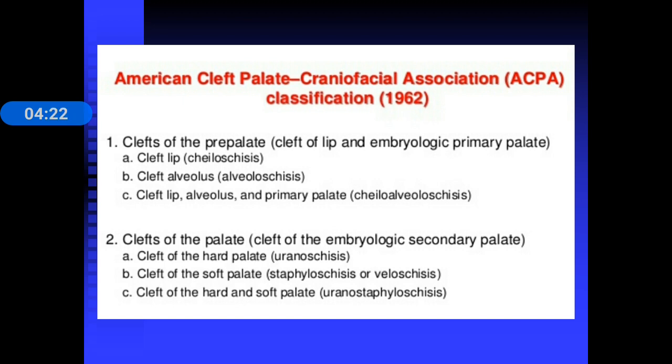Under the prepalate you had cleft lip, also known as cheiloschisis, cleft alveolus, alveoloschisis, and the cleft lip, alveolus and primary palate together. The clefts of the palate were further classified into cleft of the hard palate, known as uranoschisis, cleft of the soft palate, staphyloschisis or veloschisis, and the cleft of the hard and soft palate together, uranostaphyloschisis.